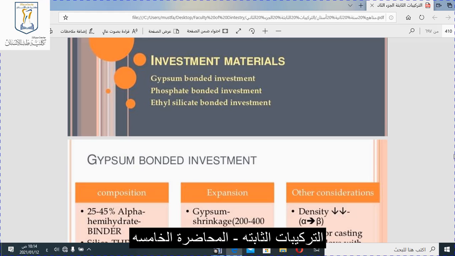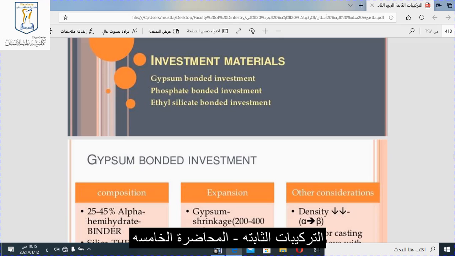Its ability to withstand high heat is also not so high compared with other types of investment material, and the temperature it withstands is not above 1100 degrees centigrade. The only advantage is that gypsum bonded investment has high porosity, so gas escapes from the mold easily.